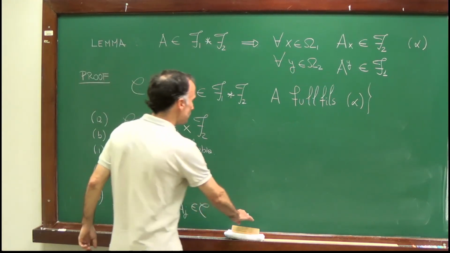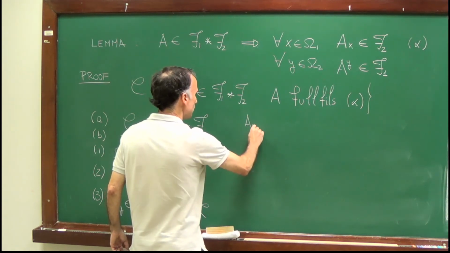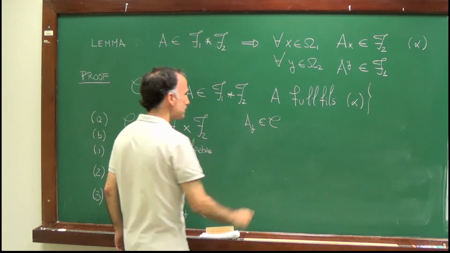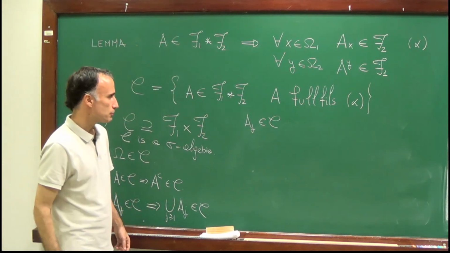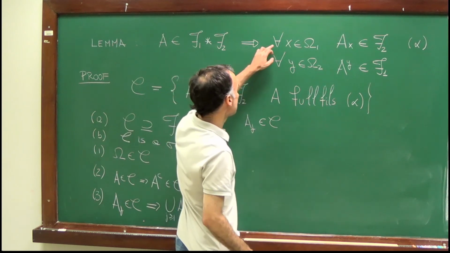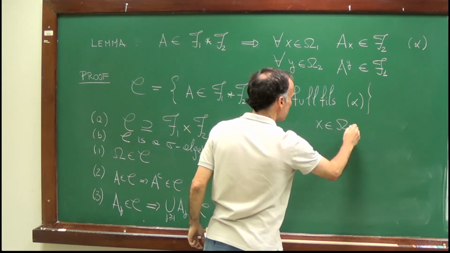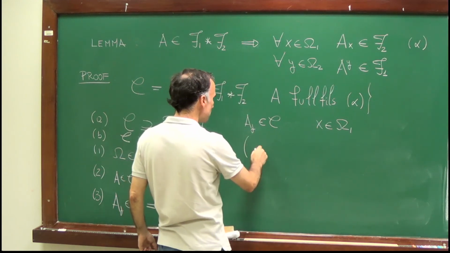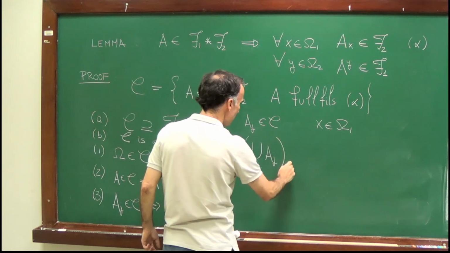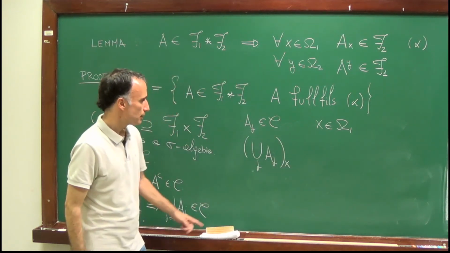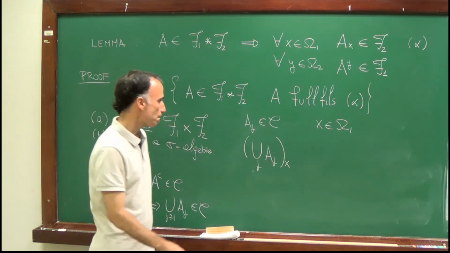So I'm starting with a family of sets in C, and I want to show that the union of A_j belongs to C. So to show that the union belongs to C, let's fix a point x in omega 1. And let's consider the union of A_j, and let's take the section at x of this set.